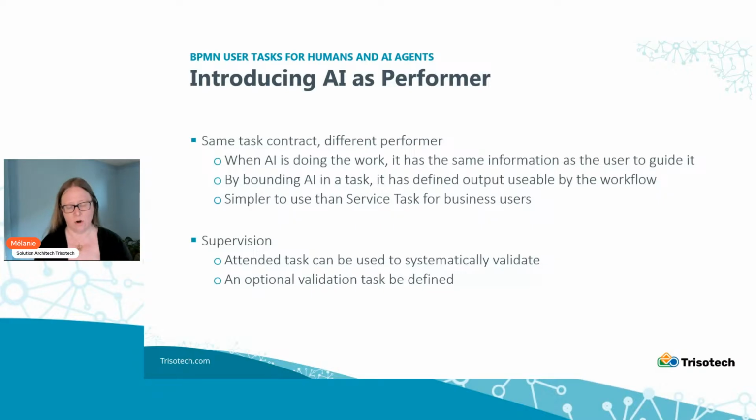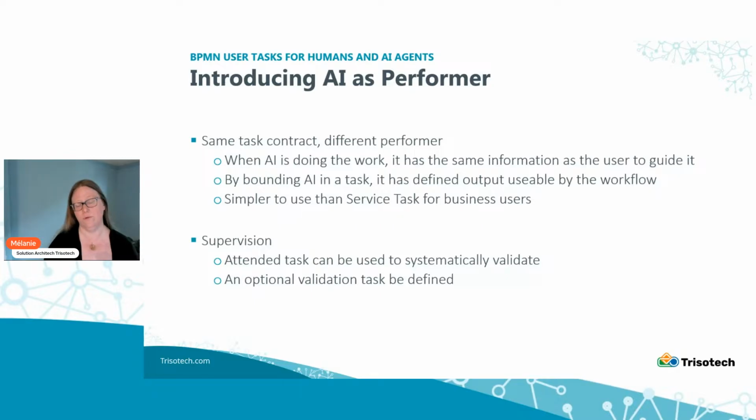And for those that are a bit more familiar with BPMN and might have used service tasks to do API calls to AI, by putting them in as a performer, it makes them easier to use for a business user. So you define all the connections and all the technical stuff outside of the process, and they are just another performer to your business user. So that adds a lot of value when you want to introduce them in a simple way.